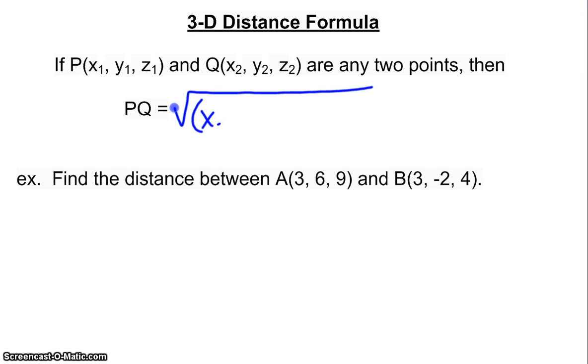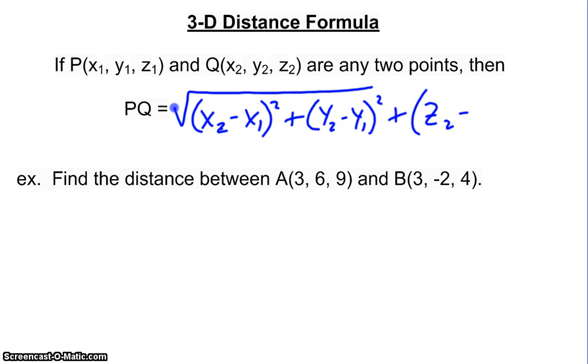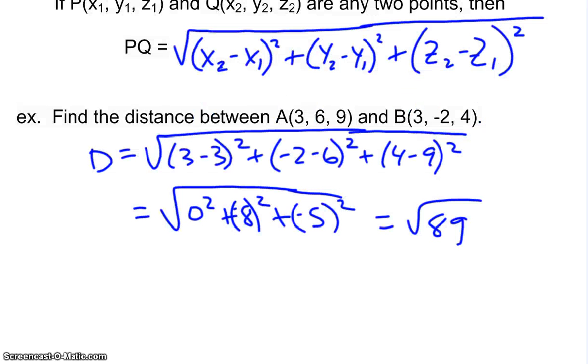We just need to incorporate the third coordinate. So using that formula, why don't you plug in the next part to find the distance between A and B. And when we get done plugging that in, we can find out the distance between A and B is the square root of 89.